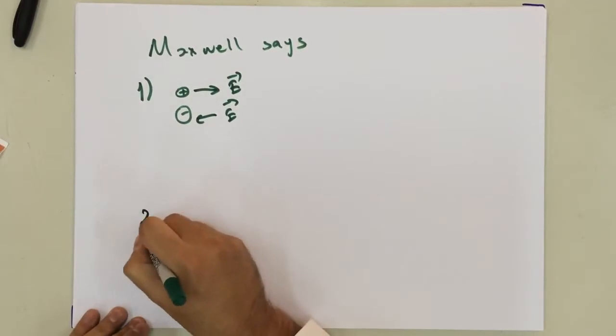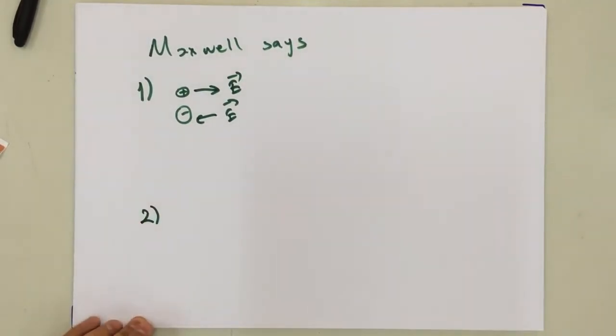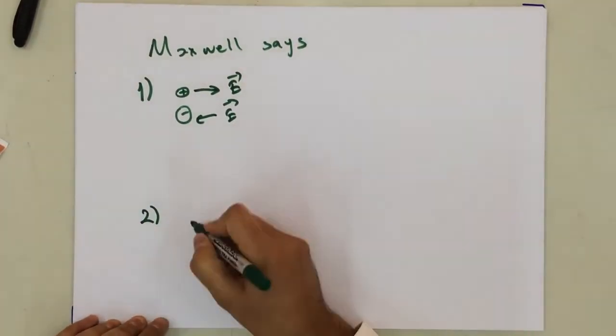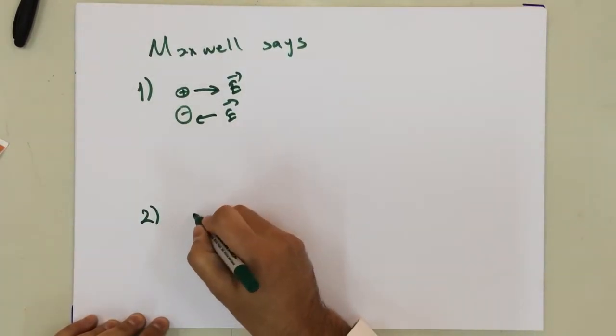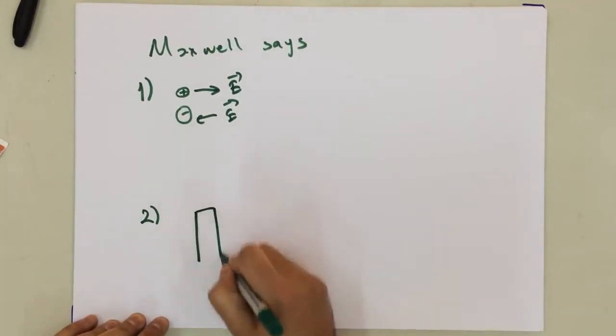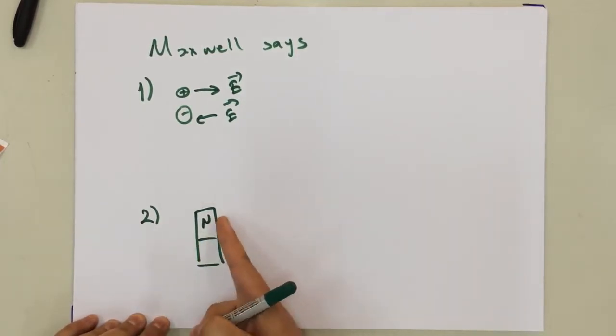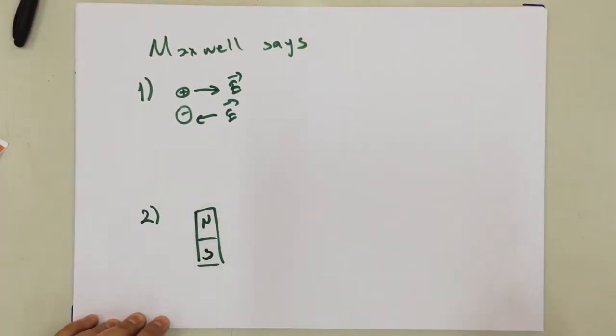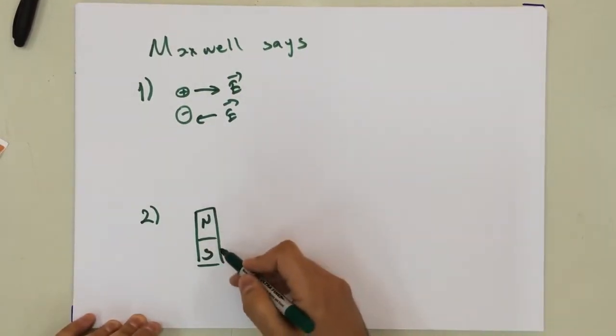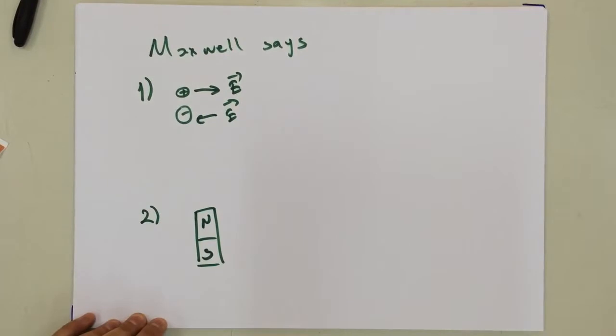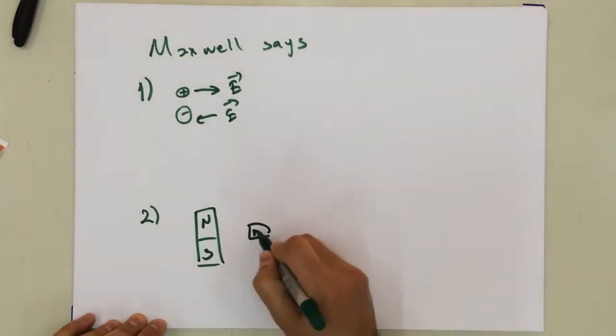The second one, Maxwell says that there is no magnetic unipole. He means if there is n pole, magnetic n pole, there must be s pole. There is no magnet that contains only north pole or only south pole. There is only n.